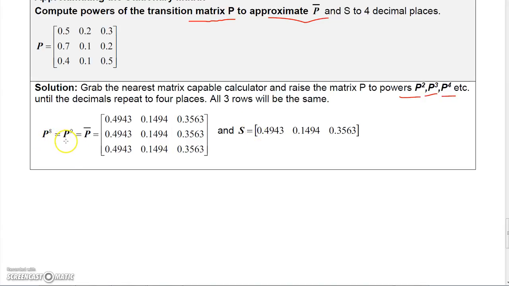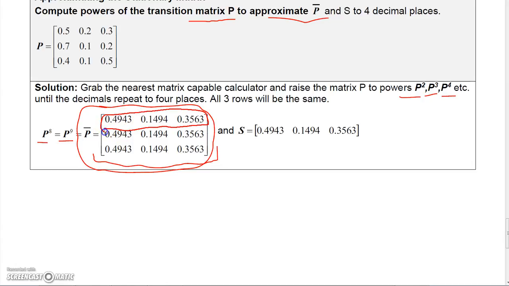Then I got P to the 8th, and when I multiplied that by P again, I got P to the 9th, and both of those matrices had exactly the same values out to 4 decimal places. Since P to the 8th and P to the 9th repeated the entries out to 4 decimal places, I know that this must be the limiting matrix P bar.